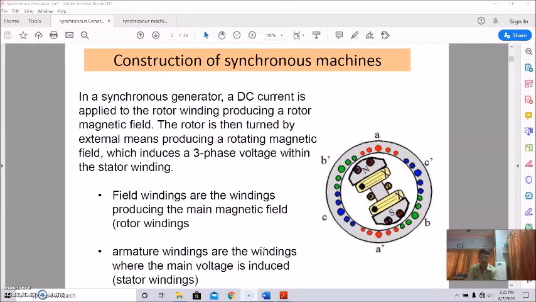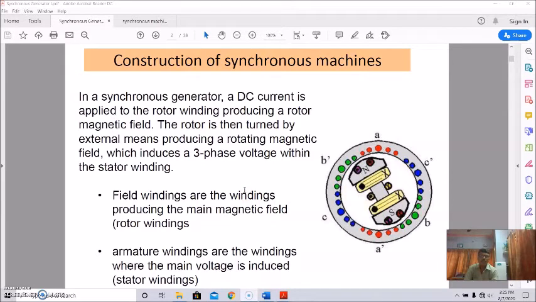So this is the mechanical force or mechanical power being inserted in the synchronous machine, that is, the mechanical energy. By producing mechanical torque, it rotates the rotor.